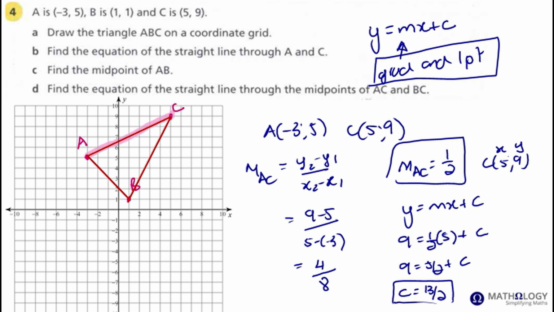So it is 6.5, but just because something looks like it's something doesn't mean that it is. You have to prove it. AC is given by y equals a half x plus 13 over 2. And this is in standard form.